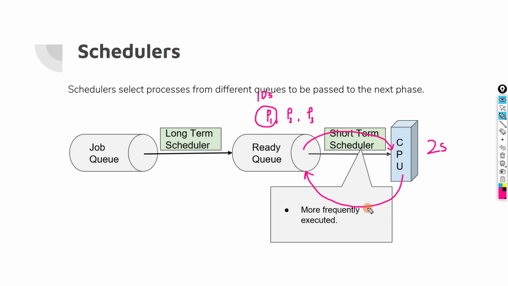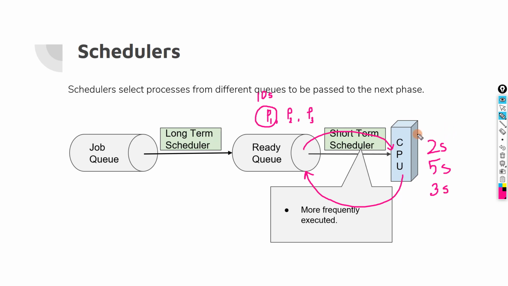Whenever that input output is done, the process again goes to the CPU and maybe spends 5 seconds, and then maybe for some other event the process goes out of the CPU and goes to the ready queue. After that event is finished, P1 again goes to the CPU and spends 3 seconds.